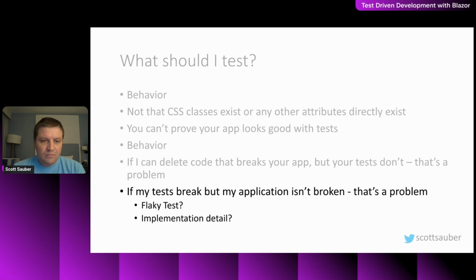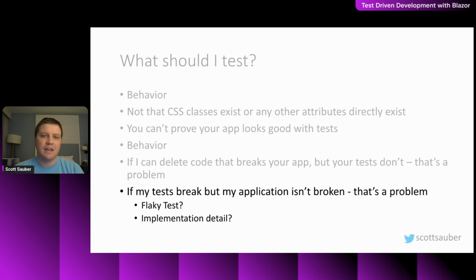But there's the flip side of that too. If my tests break, but my application isn't broken, that's also a problem. Maybe I run a test 100 times and 1 out of 100 times it breaks and 99 times out of 100 it passes. That usually means you have a flaky test, where there might be some race condition.